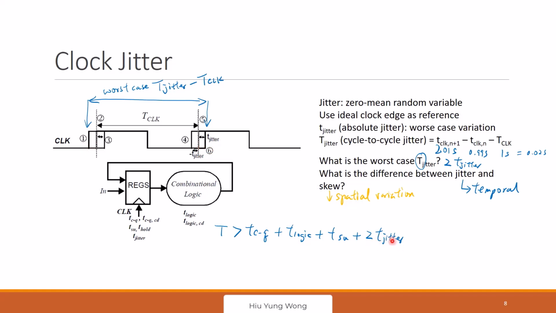So I need to have this plus, as if delta equals negative 2 jitter. Is this clear? Any questions? Let's pause for half a minute. Think about that.